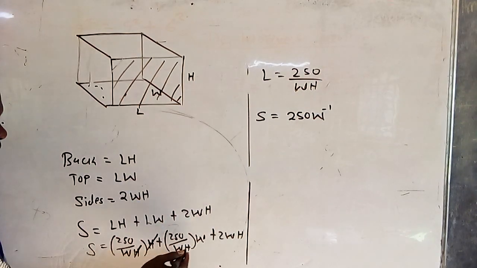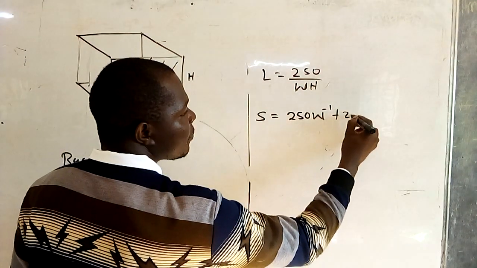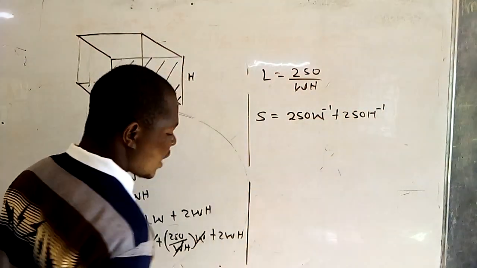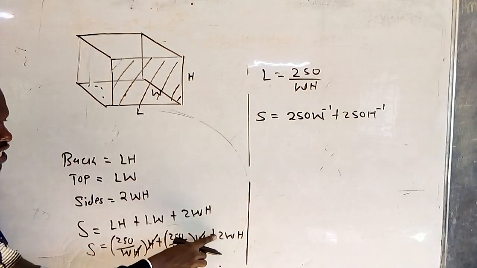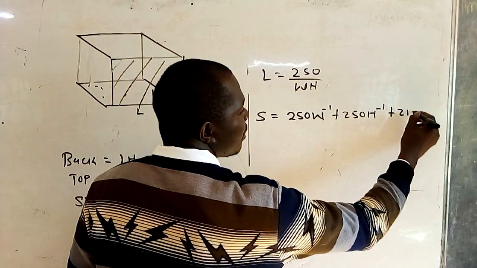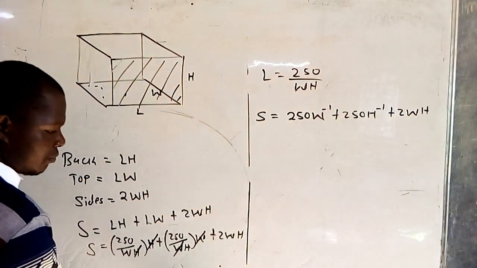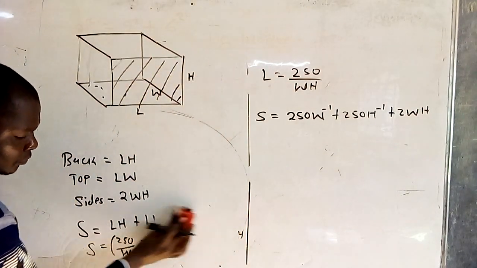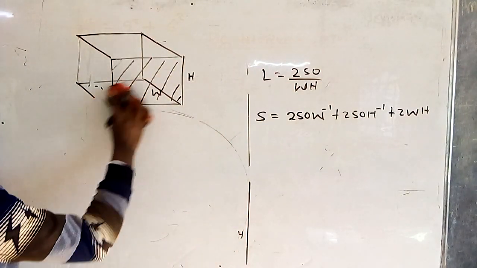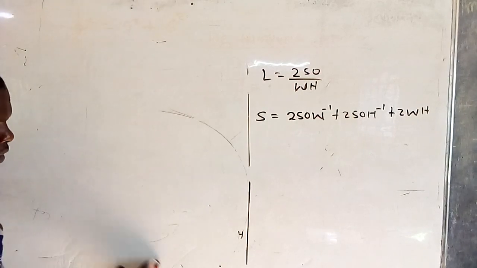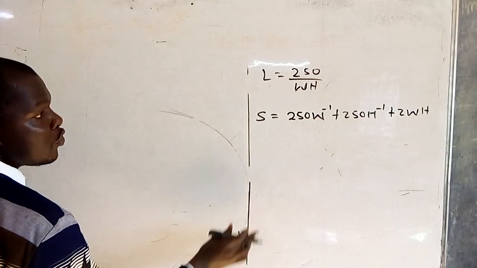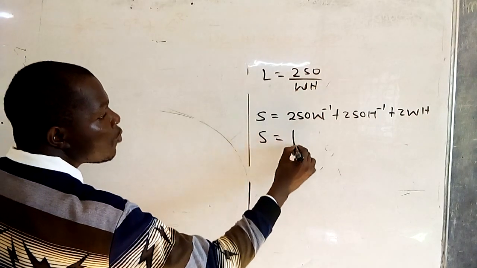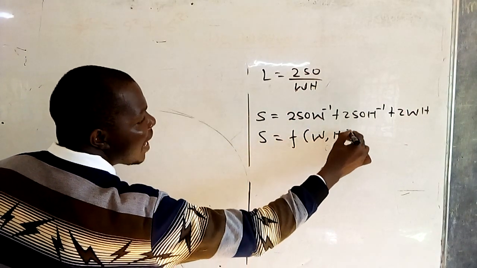Then you move to the next one, W goes with W, 250 over H is plus 250H raised to negative 1, isn't it? Then it is plus 2WH. So you see, you found S to be a function of W and H.